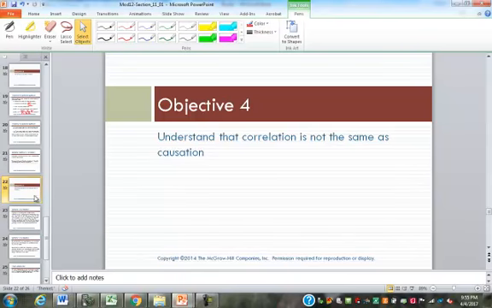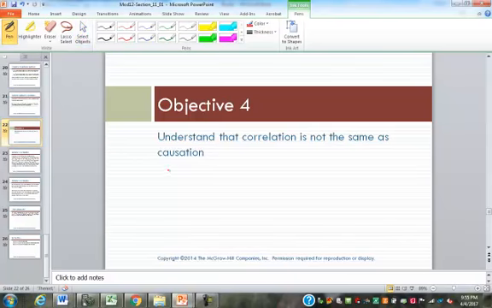So correlation is not causation. This is a discussion that we have to have. Just because the correlation coefficient is strong, like close to 1, let's say we have our points here, and they look like they're falling really close to a straight line. There's our points. That's pretty close to a straight line.